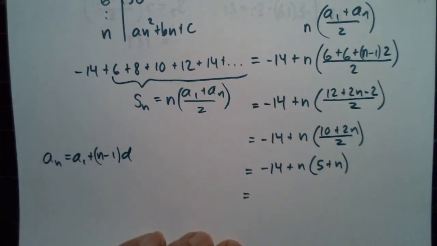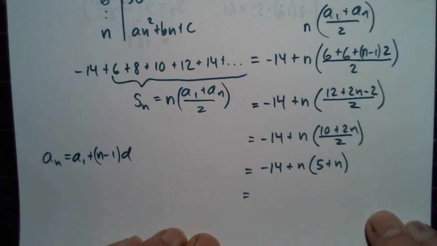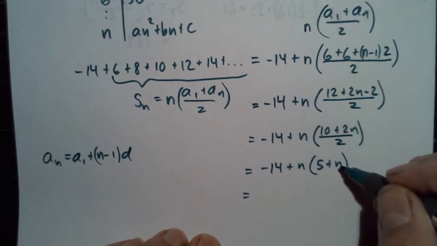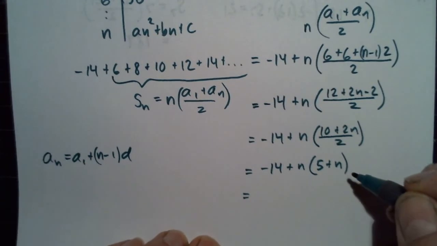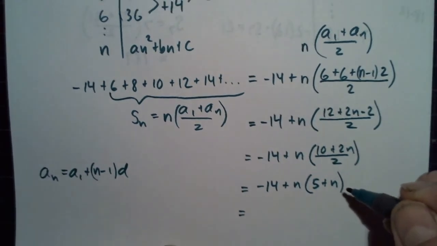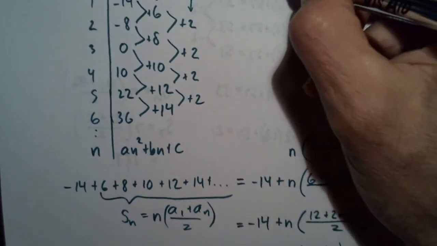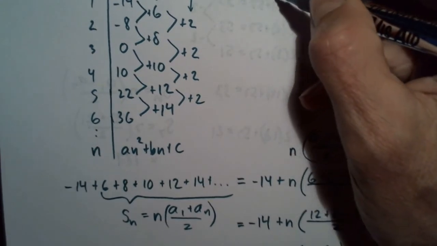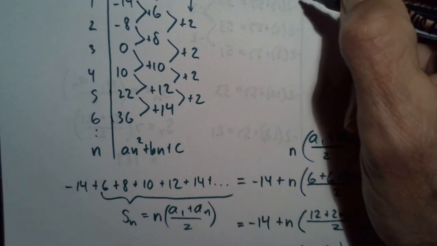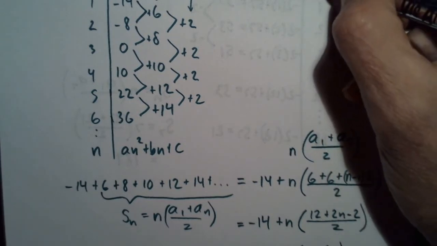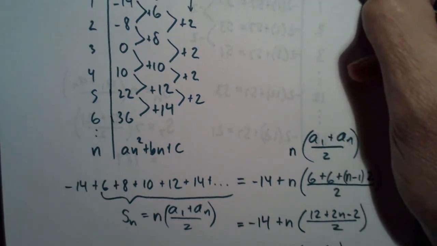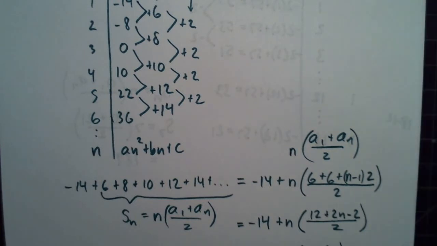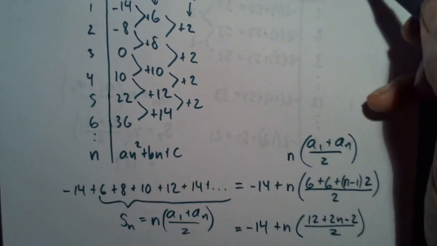All right. So let's go with that. And we're going to test it because it's probably not totally correct yet. So let's test. Negative 14 plus n, 5 plus n. All right.